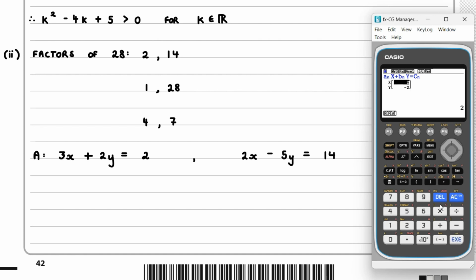And if I solve, I have x equals 2, y equals negative 2. And we reject these because y equals negative 2 is not positive.